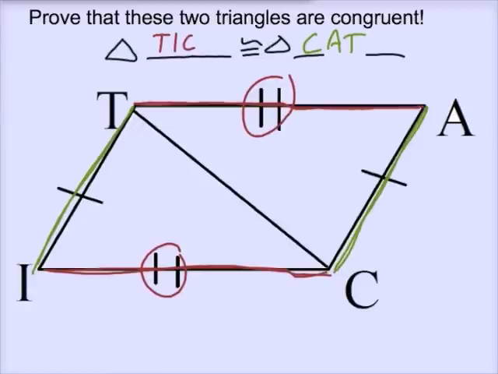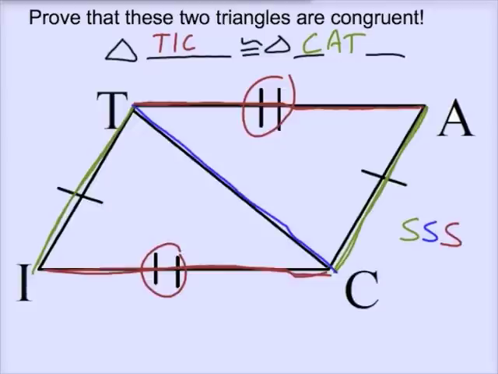And then finally, just from the way that these 2 triangles are drawn, we've got a shared side up the middle. And so what that means is I've got the green pair of sides, I've got the blue shared side up the middle, and I've got the red pair of sides. So we're going to prove that these 2 triangles are congruent using side, side, side.